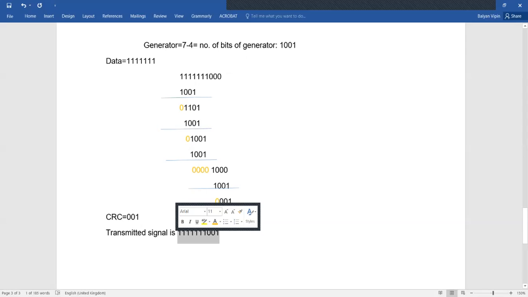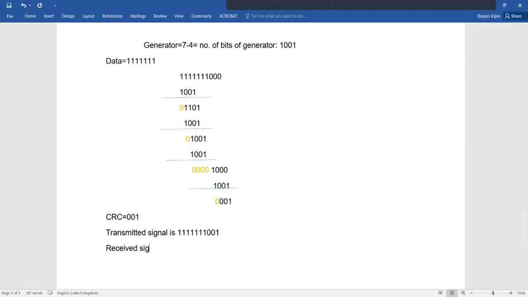Now, if we assume that the signal sent by us is this, and the received signal is, suppose, this. So we assume that the received signal is 1 0 4 5 and 0 0 1.